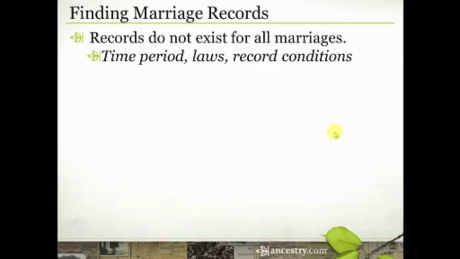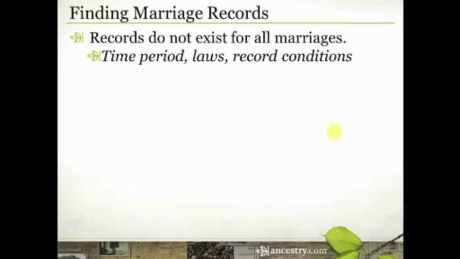First of all, when talking about finding marriage records, the first thing that you need to be aware of is that records do not exist for all marriages. And there are a lot of reasons for that. Some of it has to do with the time period. So for example, marriages weren't always legally required to be recorded. And so certainly there won't be marriages recorded at a state level here in the United States until the early 1900s.